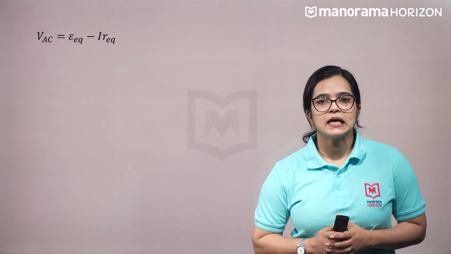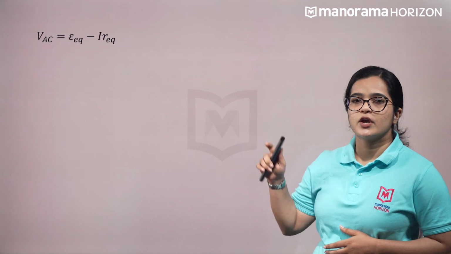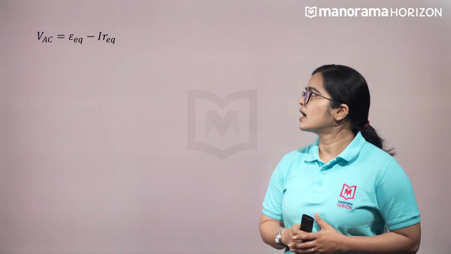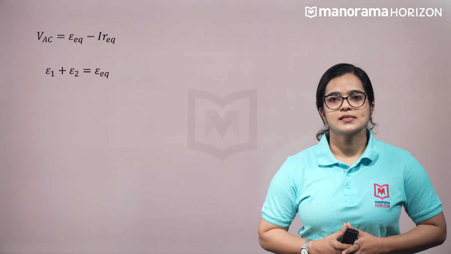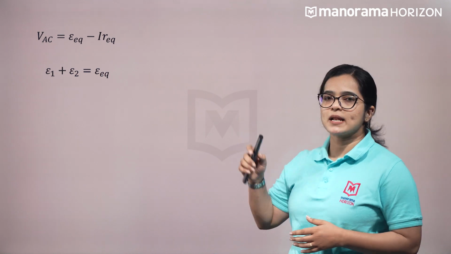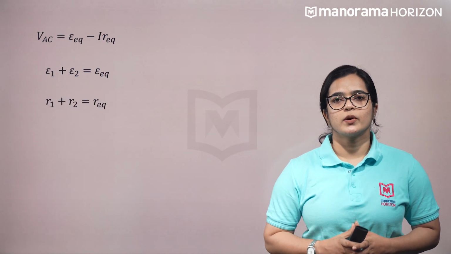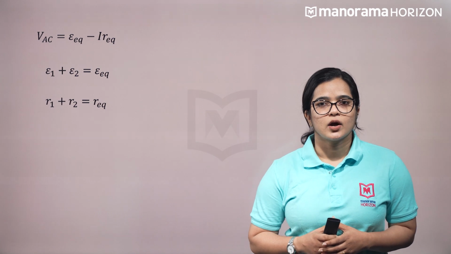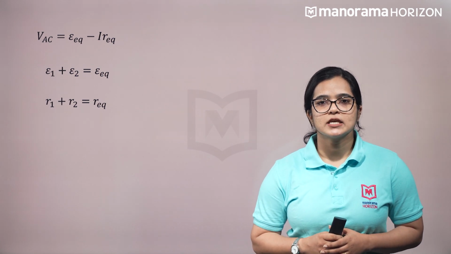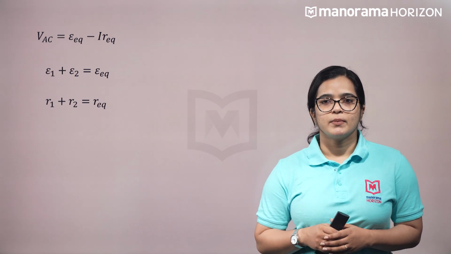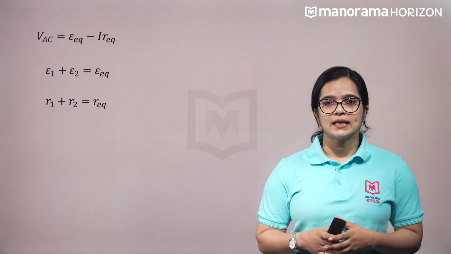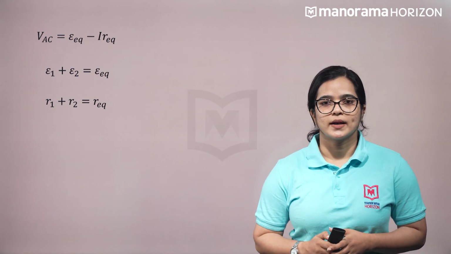We can simplify the above equation as V of AC equals E equivalent minus I times R equivalent. That is, E equivalent will be E1 plus E2 and R equivalent will be R1 plus R2. Or we can say that we could replace the combination by a single cell between A and C of EMF E equivalent and internal resistance R equivalent.